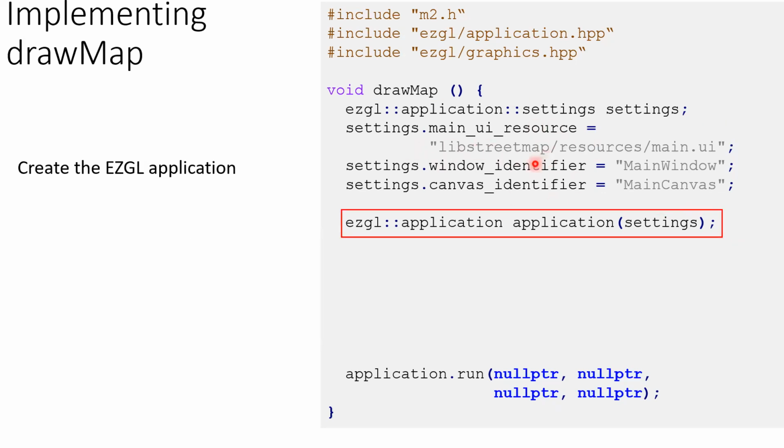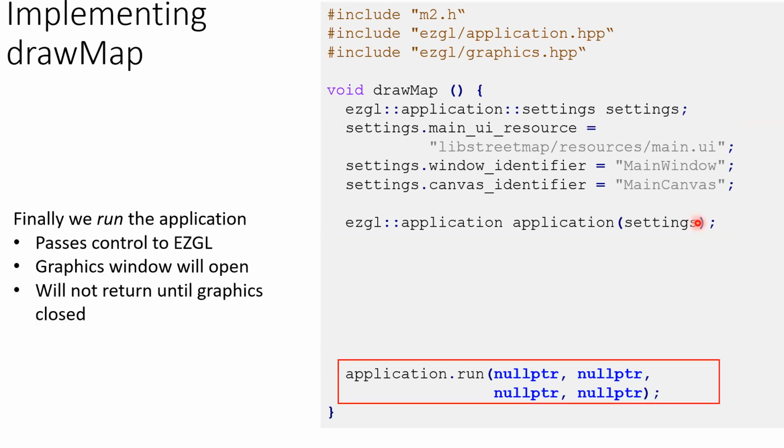After we have these, we create the actual EasyGL application using the settings. And then we run the application by passing the control to EasyGL. And this application.run, it will open the graphics window and it will return when you close the graphics window.